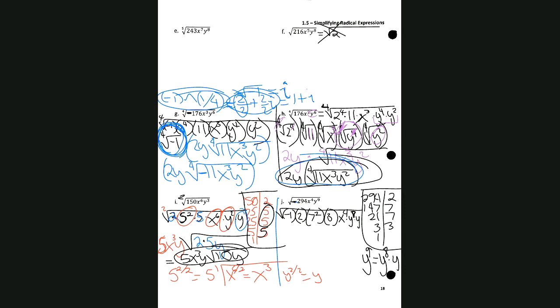So I'm going to write it as the product of square roots one last time. So that was the square root of -1 times the square root of 2 times the square root of 7 squared times the square root of 3 times the square root of x to the 4, and then times the square root of y to the 8th, and times the square root of y.